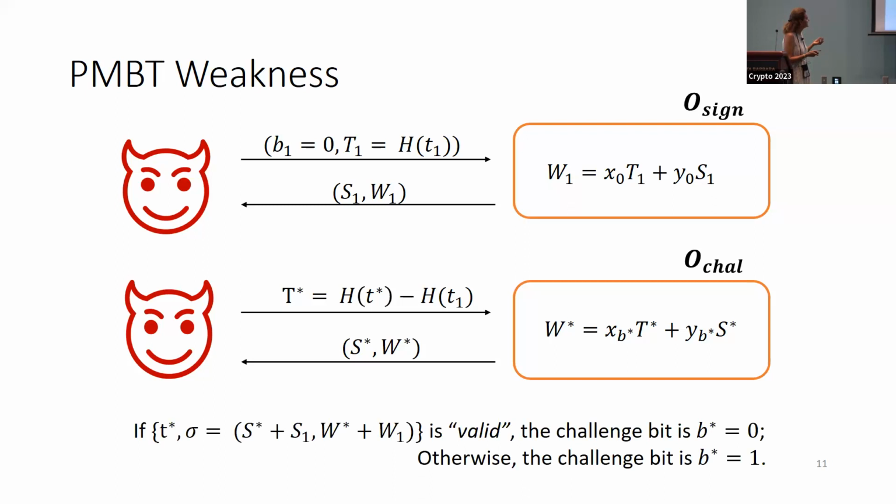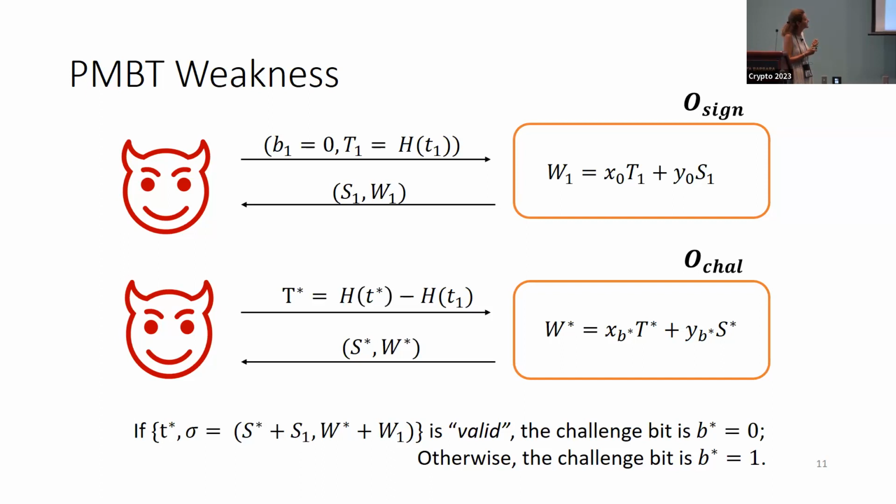So what happens here is that if we had a true notion of validity, the adversary would be able to go back to the server to redeem the token T star and the sigma, which is formed with C star, S star, S1 and W star, W1 here. And if the validity oracle was returning yes, it is a valid token, the adversary would very easily infer that the challenge bit B star is equal to 0.